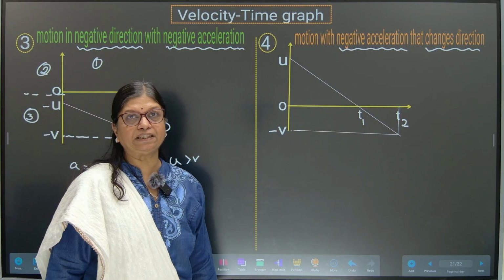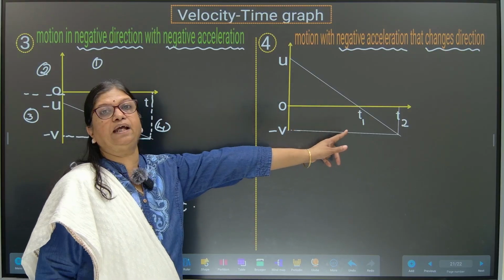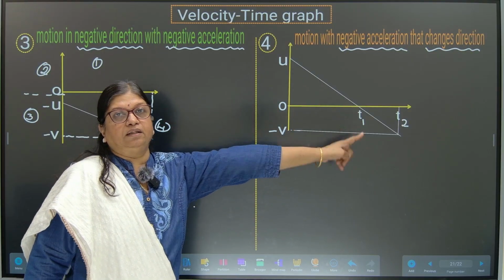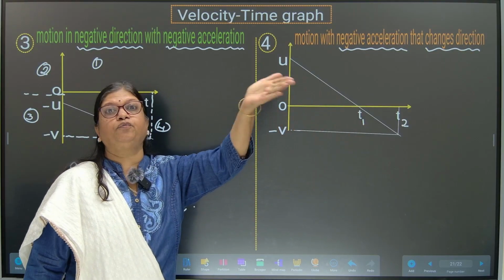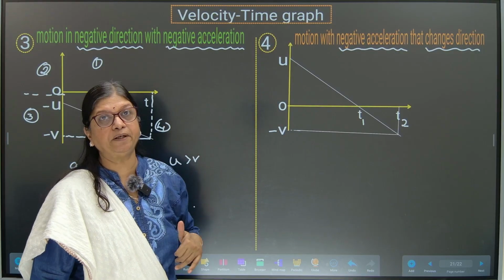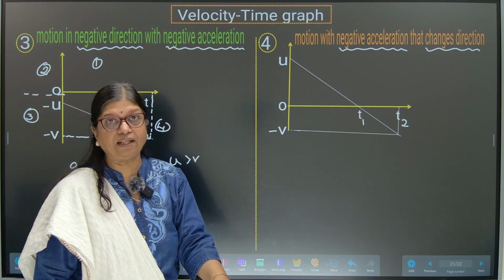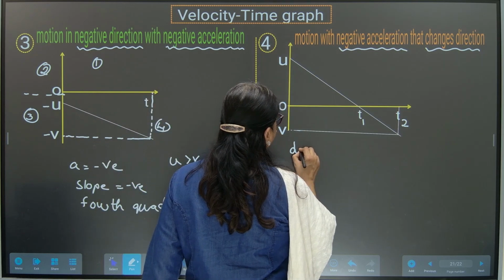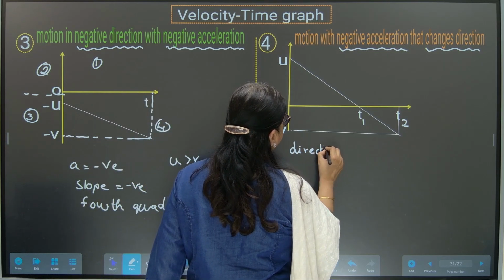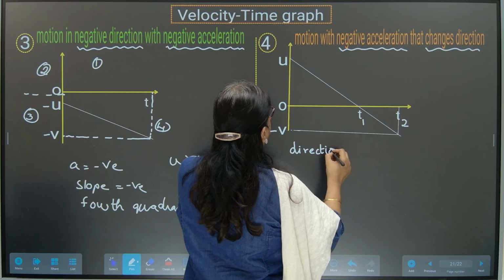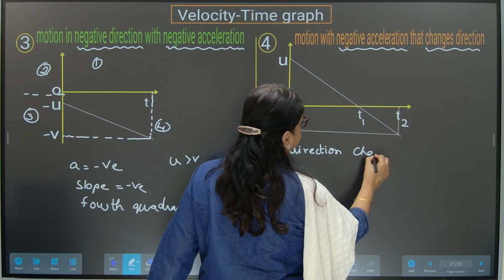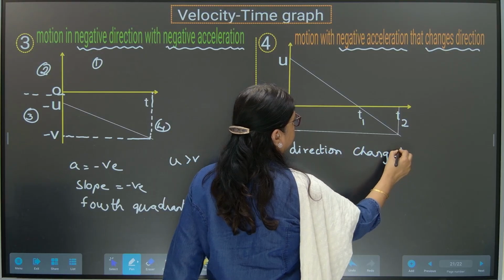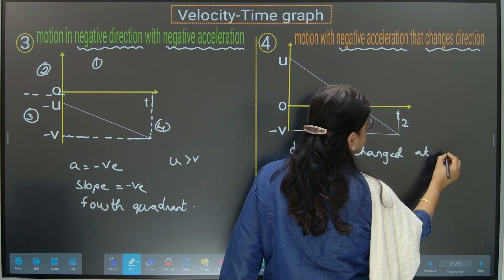So now you can see that at the time t1, the graph is drawn in the fourth quadrant. So what happened? Its direction changed at t1. So what should I write here? Direction changed at t1.